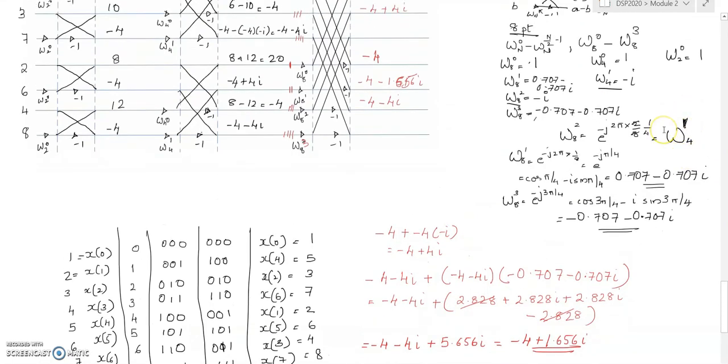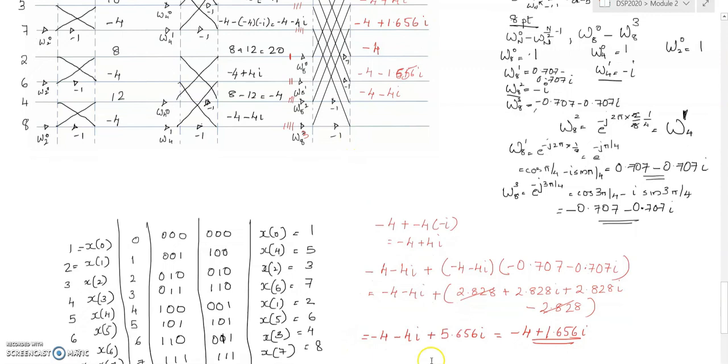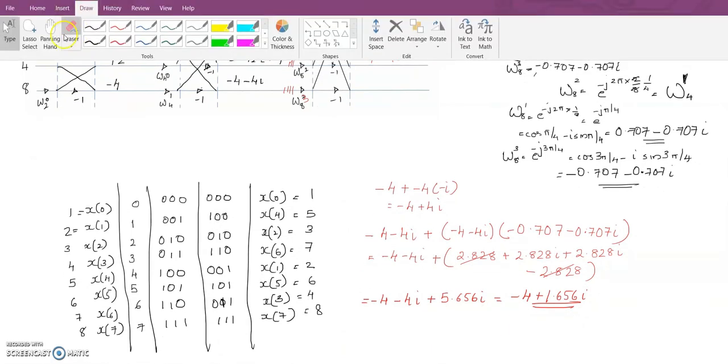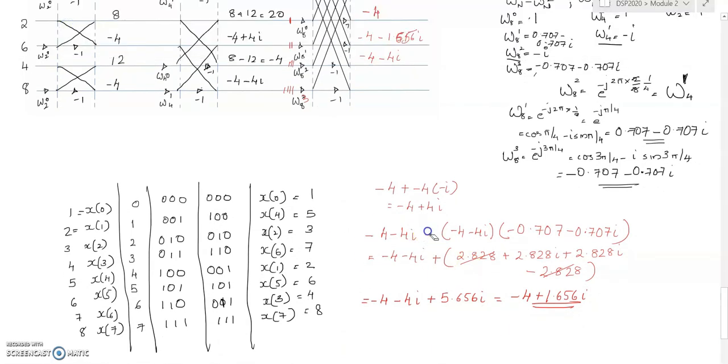-4 plus 1.656i. And similarly, when we alter the term and perform the operation, this becomes minus and this becomes minus. So let's see what happens.